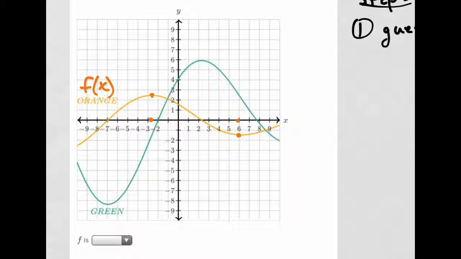Okay, already I know that f of x is not going to be the orange function. How do I know that? Well, if f of x is the orange function, then the derivative function, which would be the green, would have to cross the x-axis there.